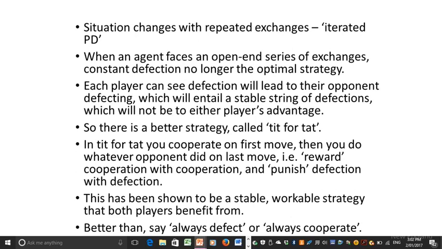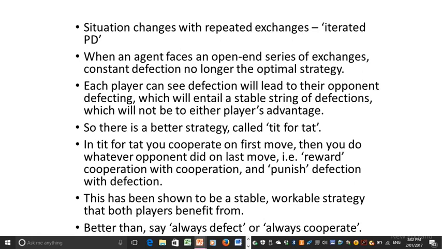Because if you keep defecting, then the other player is obviously going to cotton on and not cooperate at all. So the other player is going to start defecting on every round as well. And this will entail a stable string of defections, which will clearly not be to either player's advantage.